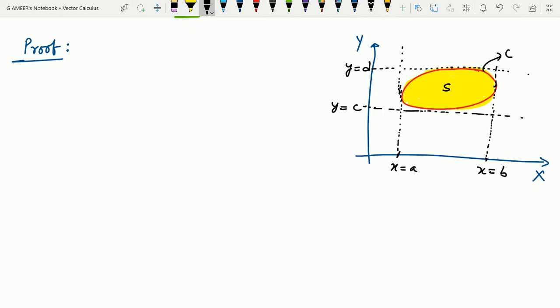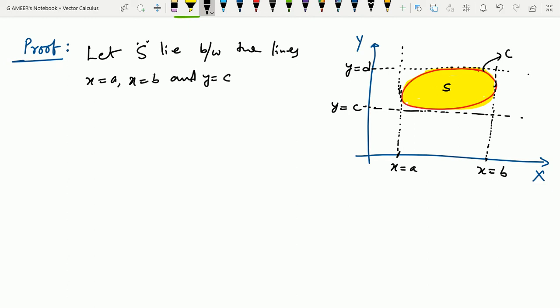So we can write here that the surface S lies between the lines x is equal to a, x is equal to b, and y equal to c, y equal to d.